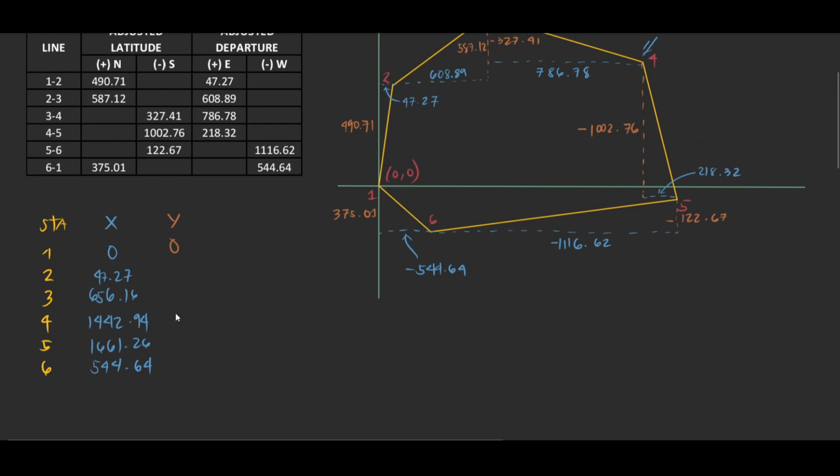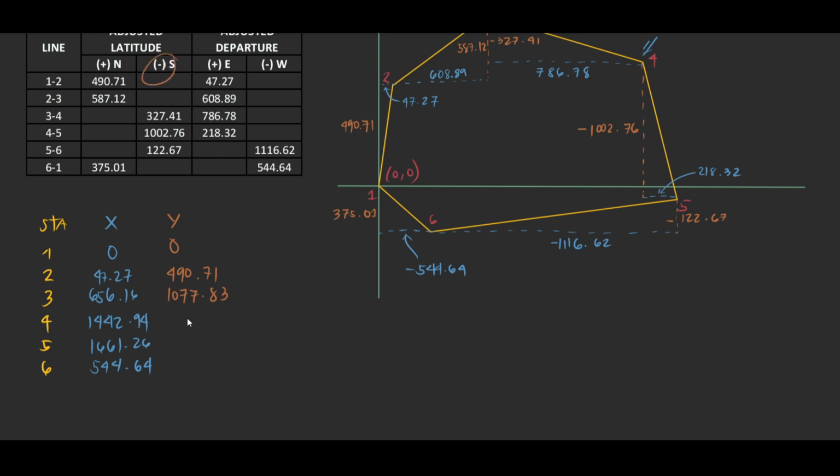Okay, so basically we're going to do the same thing for the latitude. So just add. So in this case, you will add this and this. So for finding the y coordinate of station 2, we need to add 490.71 to 0. Then we need to add 587.12. So you will get 1077.83. And then you will subtract 327.41 because this is south. Okay?